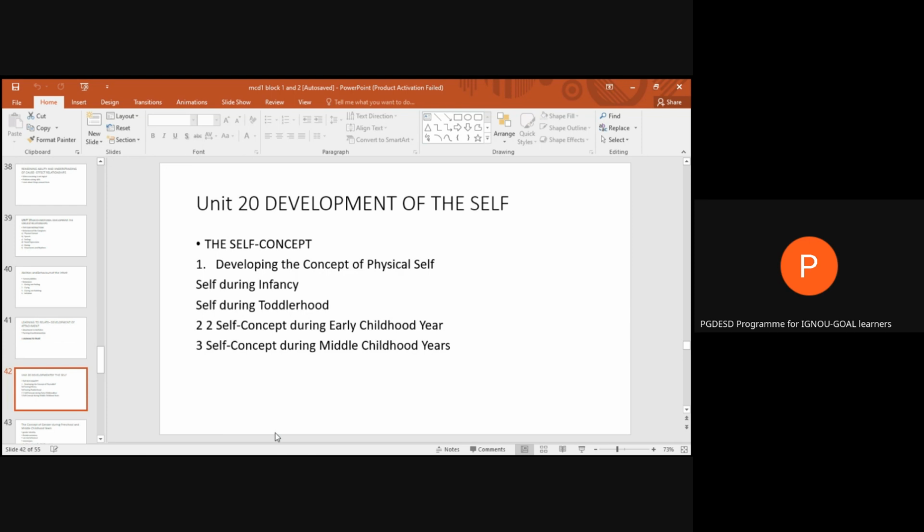Another important aspect of self-concept is self-esteem. This is that part of the self-concept in which we judge ourselves according to the standard we have set for ourselves. It is one's evaluation of oneself. Self-esteem is concerned with questions such as, am I as good as I can be?